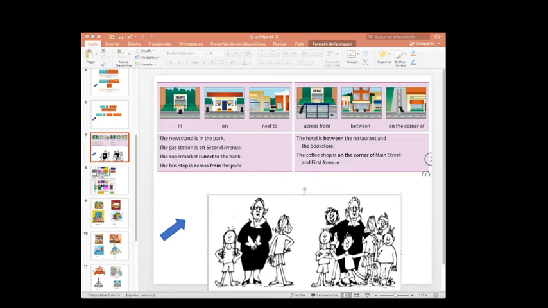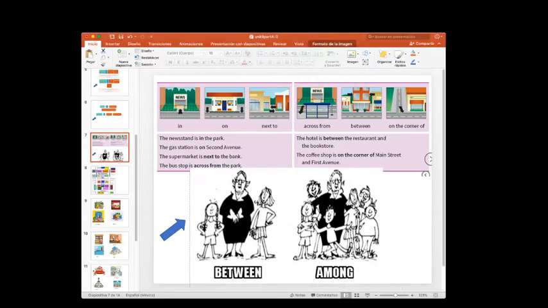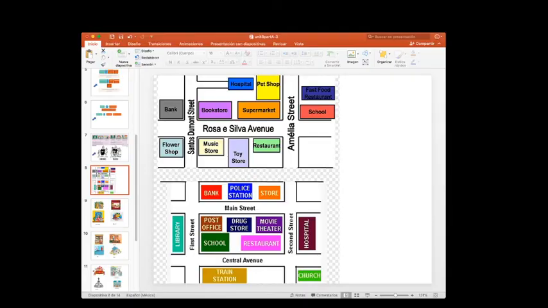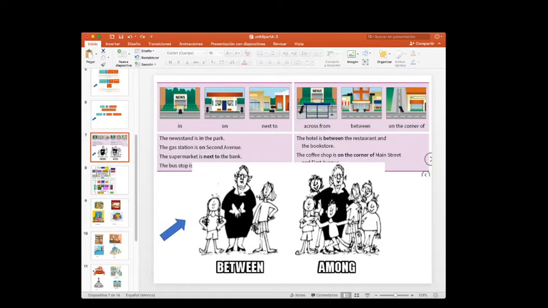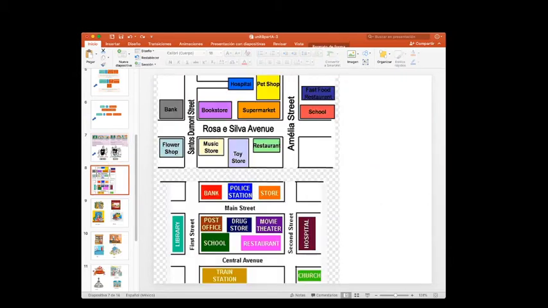Okay, that was easy, wasn't it? Okay. Next, we are going to check some examples about how to write the prepositions of place.